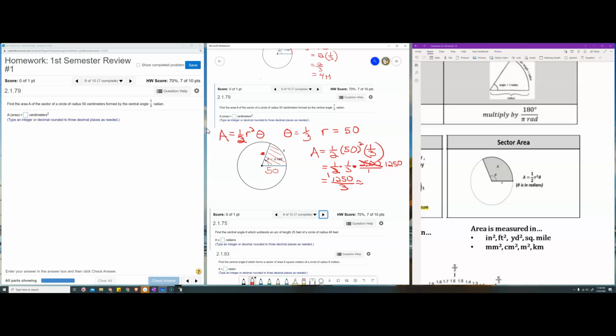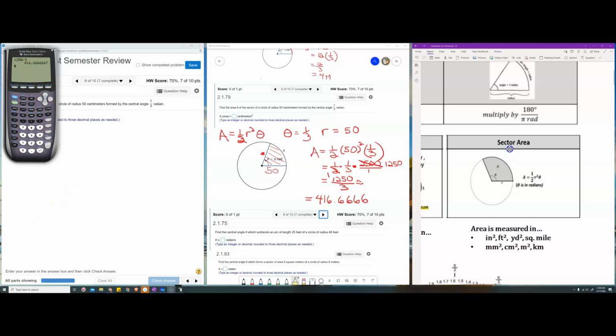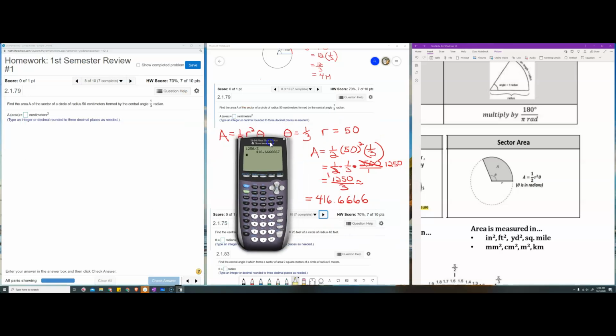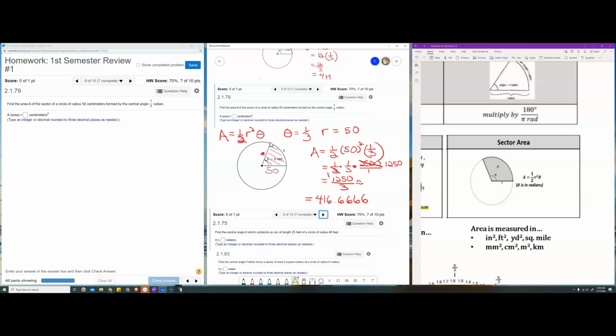So we're going to divide this out on the calculator. This tells me to round it to 3 decimal places when I divided it out. So I look at this 6, and that's going to tell me to round that up to a 7.